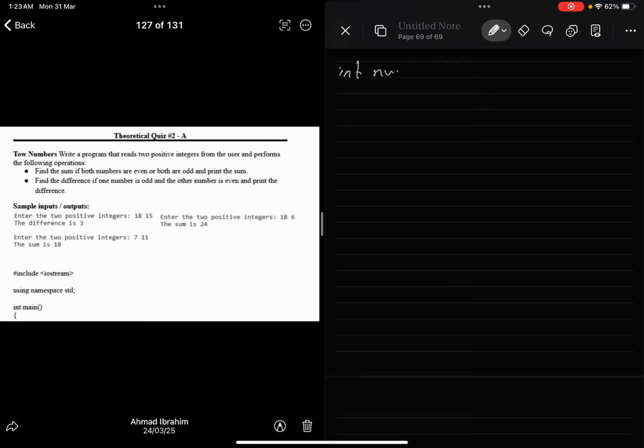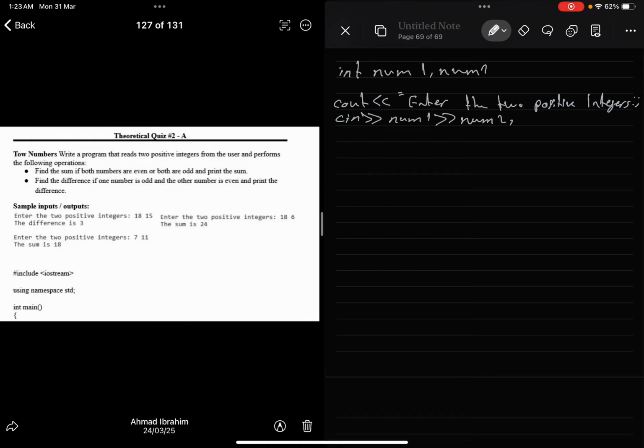As always, declare num1 and num2, cout, here enter the two positive integers, and we have cin num1 and num2. After that we write if.